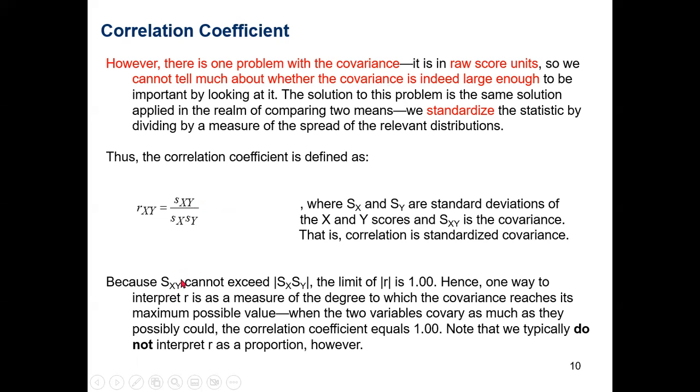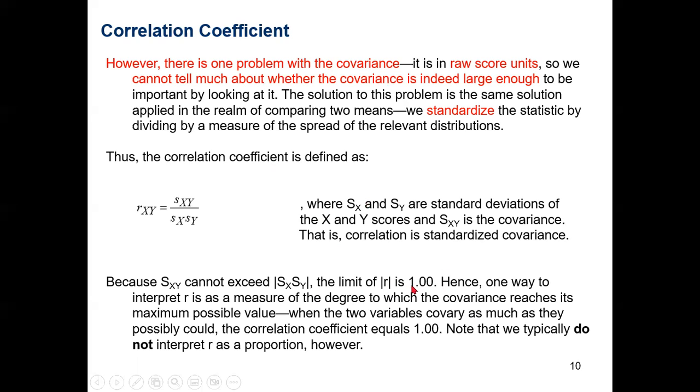Because the covariance cannot exceed the absolute value of the multiplication of the standard deviation of X and the standard deviation of Y, the limit of the absolute value of R is 1. Last time I was talking about the range of R: the absolute value of R is between 0 and 1.